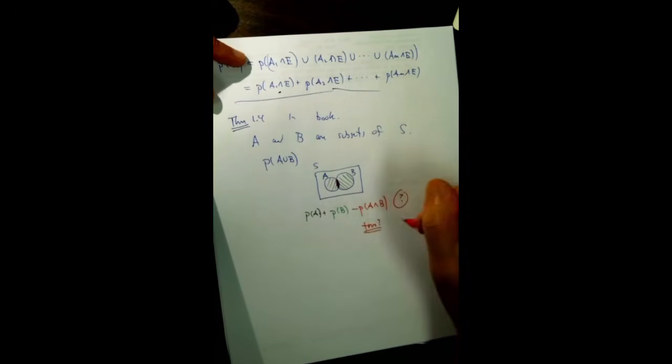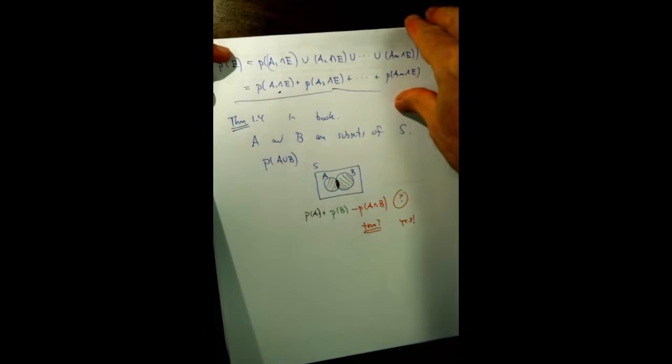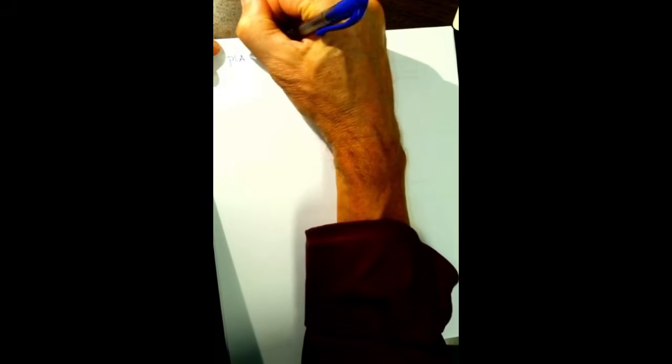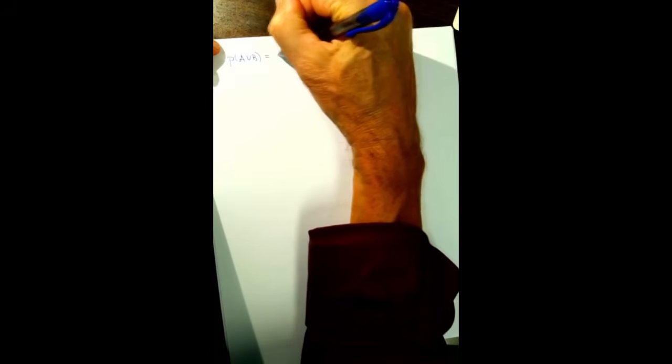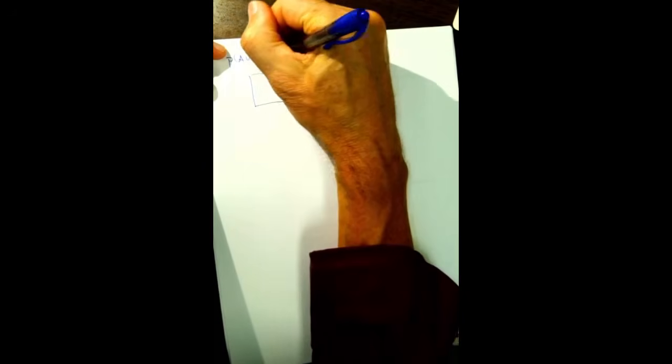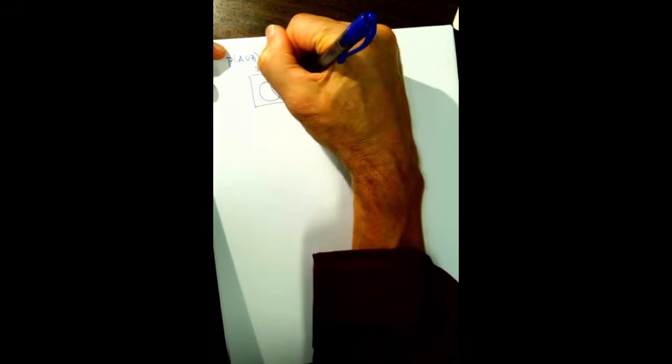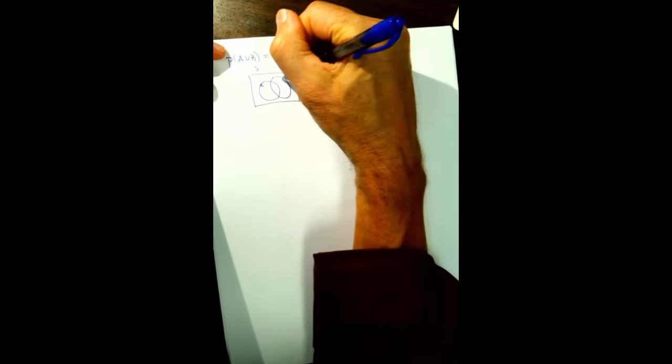So the question is, is it true? And the answer is yes. So let's see if we can show that for real. So the claim is the probability of A or B is the probability of A plus the probability of B minus the probability of A and B. And so what are we going to do? So we've got our two sets.